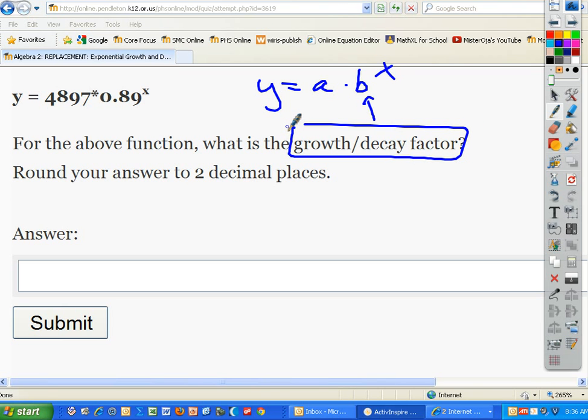It's 0.89. Now what happens if I multiply something by 0.89? It gets smaller. So is this growth or decay? Decay. What number is the boundary between growth and decay? 1. Anything bigger than 1 is growth. Anything less than 1 is decay. But they just want to know the growth or decay factor. Well, there it is, 0.89.